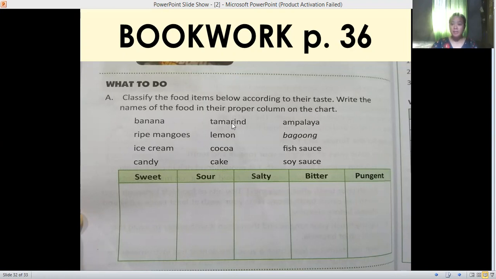Now tamarind, which is sampalok in Tagalog. Is it sweet, sour, salty, bitter, or pungent? Next, lemon. Is it sweet, sour, salty, bitter, or pungent? Please write your answer.